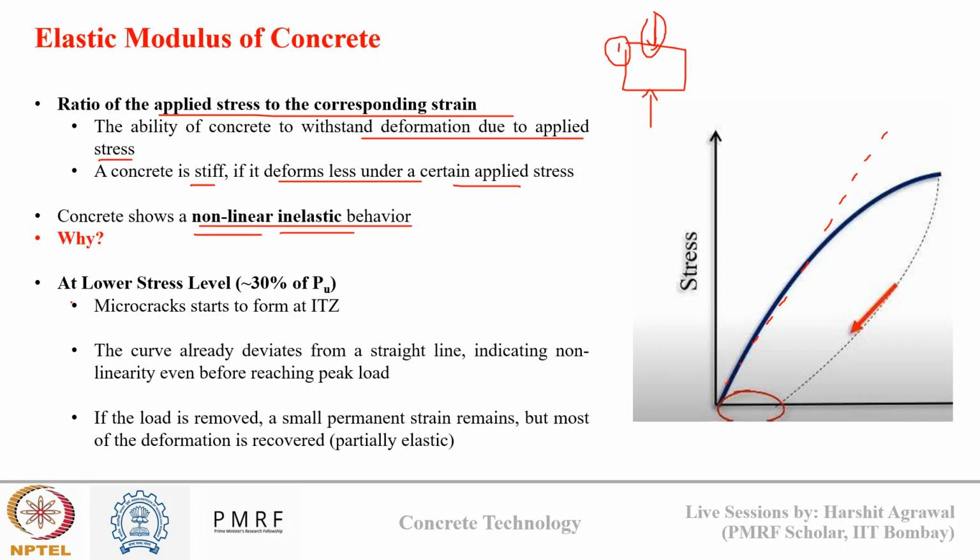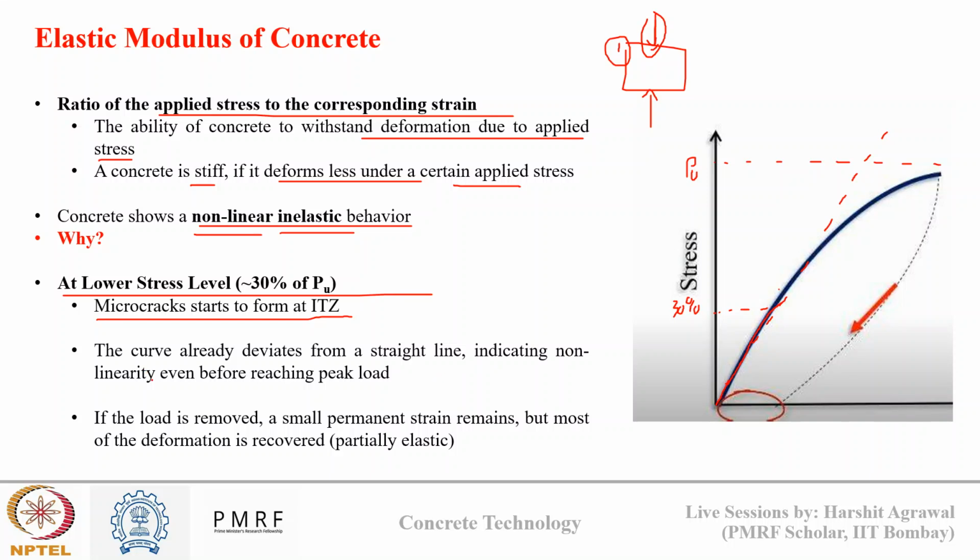At lower stress level, suppose this is my ultimate load at which failure of concrete occurs. At lower stress level, up to 30% of this ultimate load, micro cracks are forming at the ITZ. At this point you can see the curve has already started to deviate from linearity.